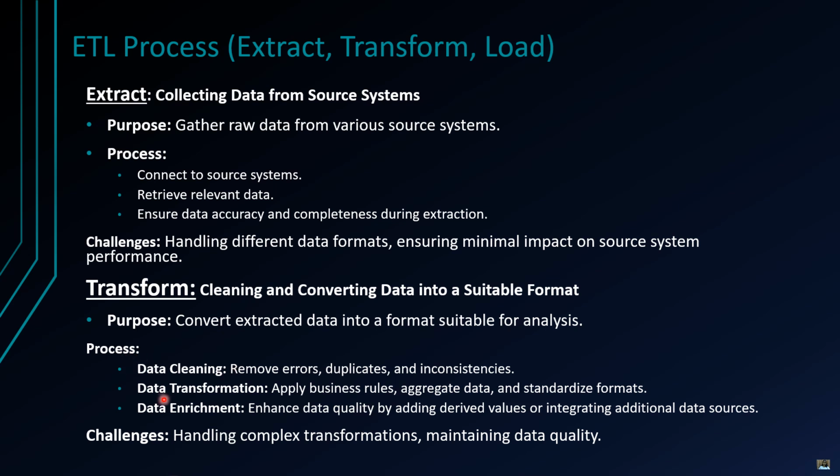The process is to remove errors, duplicates and inconsistencies, apply business rules, aggregate data and standardize formats, so it is all in the same format, and enhance the data quality by adding derived values. The challenges we face in this process are handling complex transformations and maintaining data quality.